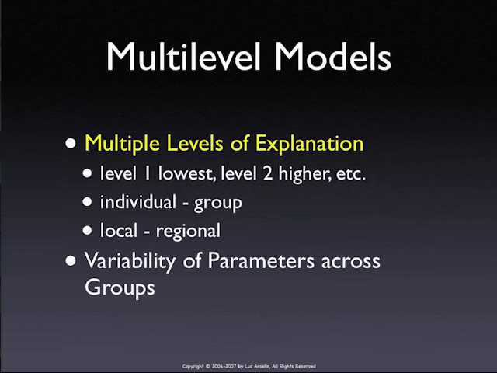And this also lends itself very nicely to spatial analysis if you have data at multiple levels, say you have county data and you have state data. Then what you're interested in is explaining the variability at the state level for the regressions that you carry out at the county level.